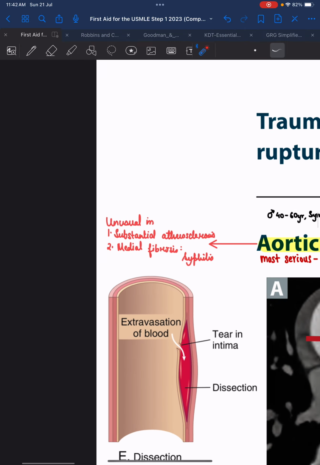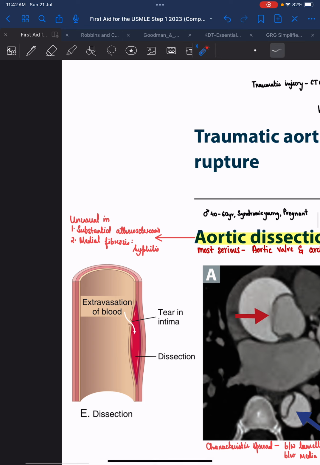One thing to be noted over here is that aortic dissection is not seen with substantial atherosclerosis. Why? Suppose there is an atherosclerotic plaque over here, it is already very thickened. Where is the space to get a tear in the intima? It could not tear, right? And if there is medial fibrosis, as seen in syphilis, if there is fibrosis over here in the tunica media, even if the intima tears, where will the blood go?